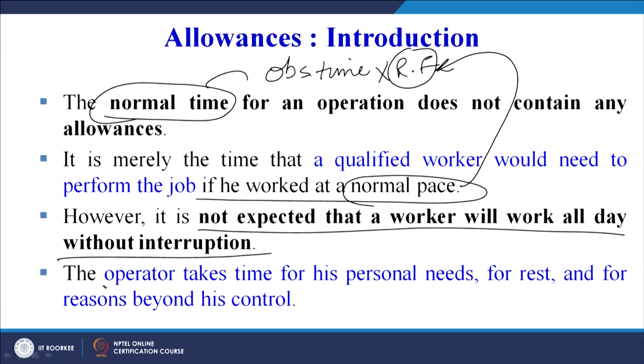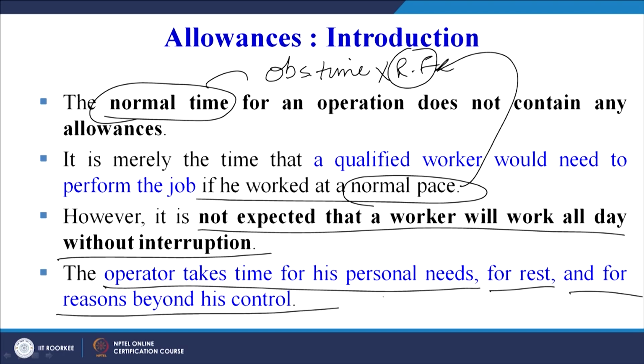So, for both these avoidable and unavoidable stoppages we have to give some allowance to the worker in terms of additional time. So, the operator takes time for his personal needs also, for rest or relaxation we have already seen, and for reasons beyond his control or unavoidable circumstances. So, we need to give certain allowances.